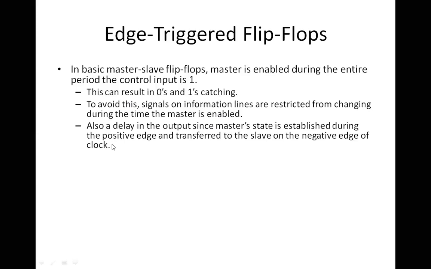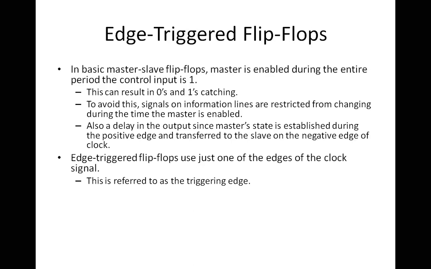Also, there is a delay in the output, since the master's state is established during the positive edge of the cycle and transferred to the slave on the negative edge of the clock. So in the positive cycle, master is enabled, and in the negative cycle, slave is enabled. Edge-triggered flip-flops use just one of the edges of the clock signal.